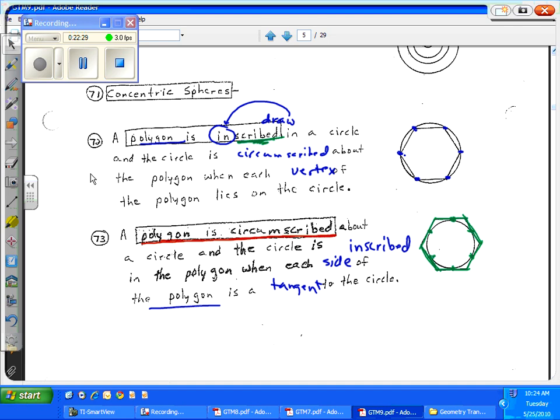Okay? So if the polygon is inscribed, each vertex is a point on the circle. If the polygon is circumscribed, then each side is a tangent to the circle.